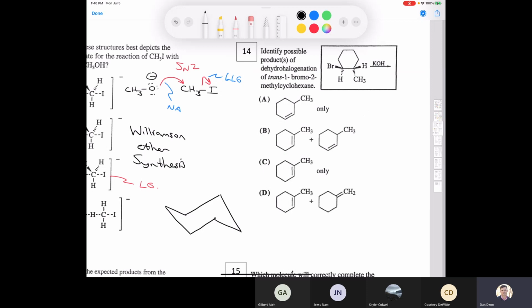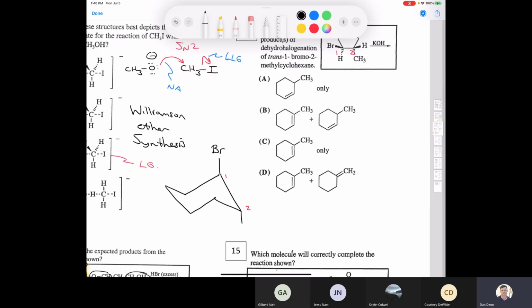Let's call this carbon number 1 and this carbon number 2. I have the bromine going up here, and then I have the methyl group pointing down like this.